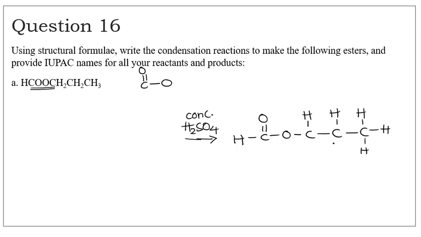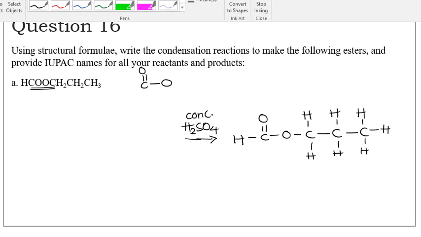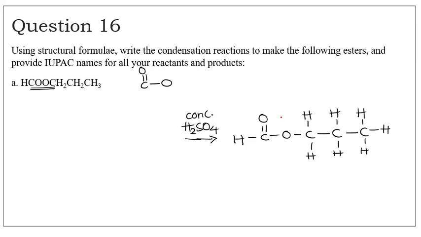Okay. A trick, not really a trick, a choice really. You can try to name this, and if you name it correctly, then most likely you will get the correct reactants. The thing that people tend to forget is which part belongs to the alcohol and which part belongs to the carboxylic acid.